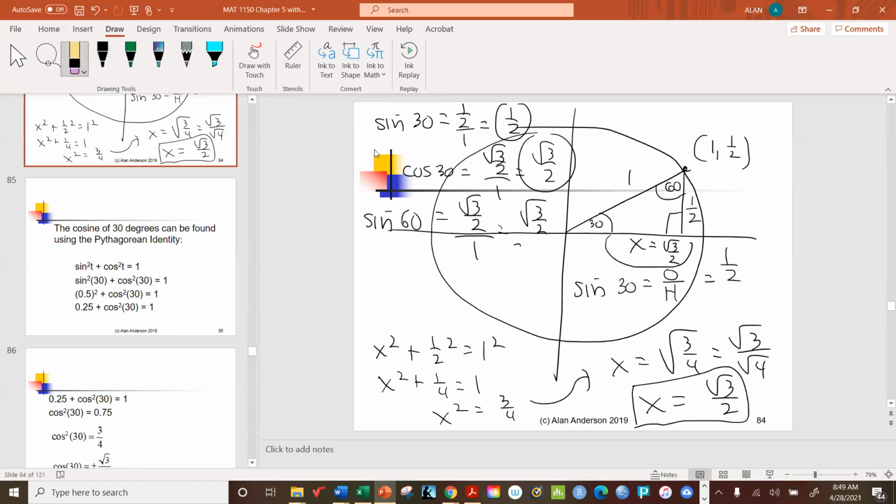Because every time the hypotenuse is 1, and it really simplifies our calculations. And then the cosine of 60, from 60, the adjacent is 1/2. The hypotenuse is 1. And so we got all four of them. 1/2, radical 3 over 2, radical 3 over 2, and finally 1/2.